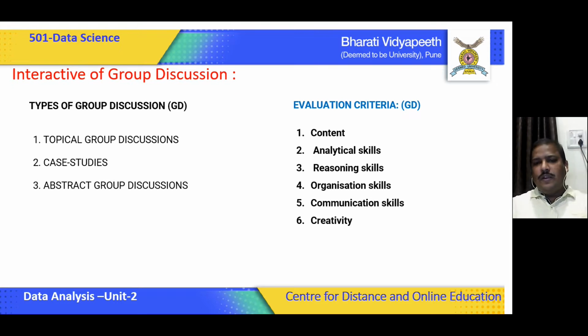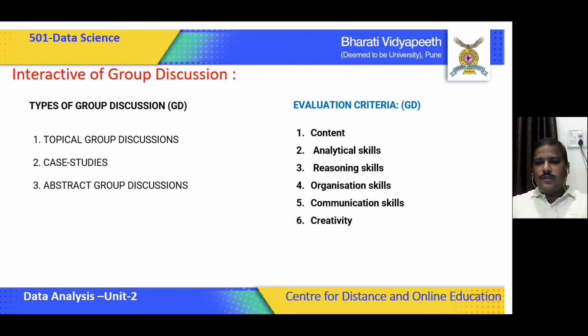We have different criteria. First, content: depending on different types of content, you can judge whether the group discussion is very effective or not. Analytical skills: whether you can have this discussion analytically and how effective it is.